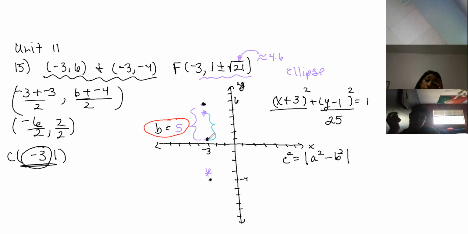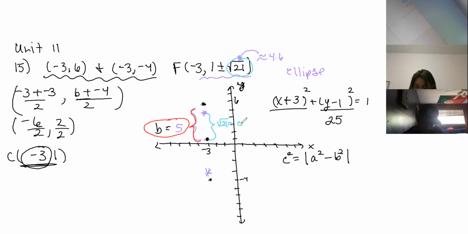Can you figure out what that length is? 4.6. Yes, and how did you get that? Because the part we went up and down, root 21. We went up and down the 4.6, which was the root 21. So that is your C.